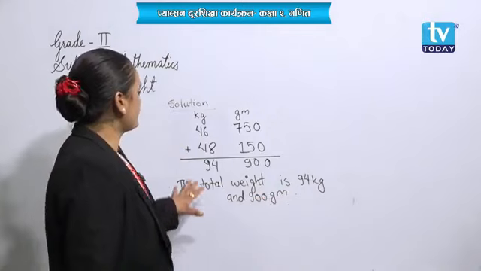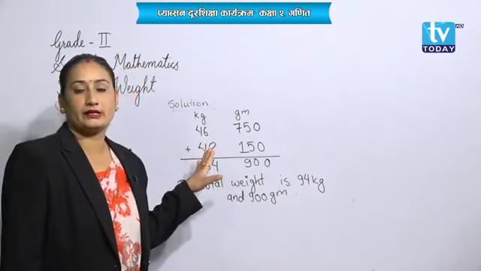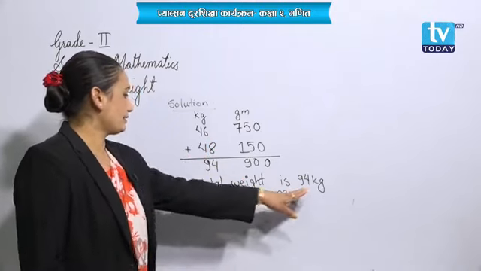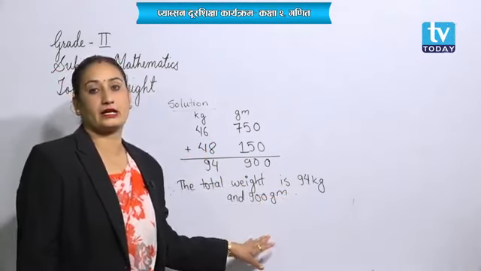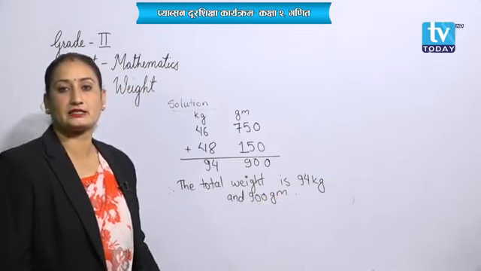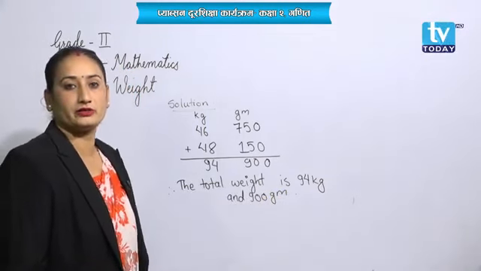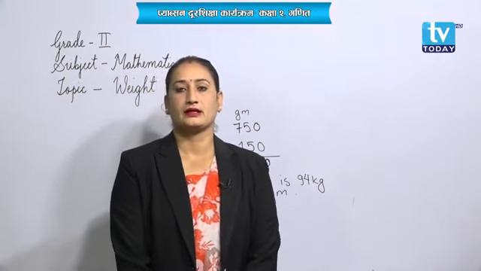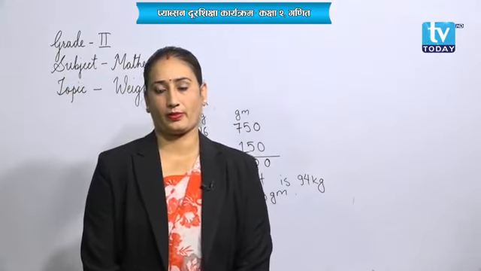So, can we write it? The weight of Hari and the weight of Ram, their total weight is 94 kg and 900 gram. Can we write it this way? Very good.